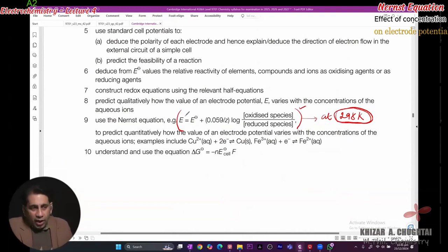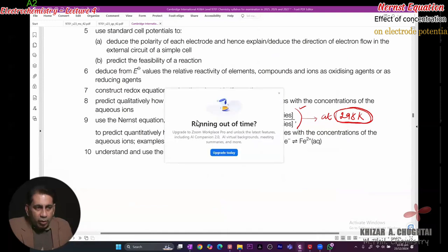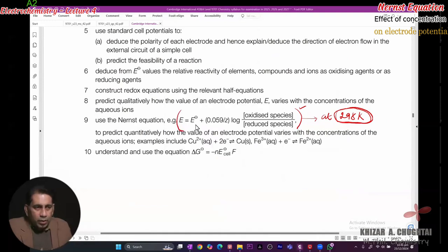E, the new E of the electrode, a simple single electrode, is E, and this is the value of E naught, the original E naught, plus 0.059, which is a constant number, divided by Z, the moles of electrons, times log of the oxidized species divided by the reduced species. For example, as two equations are given over here, I'm going to include the example of copper over here.